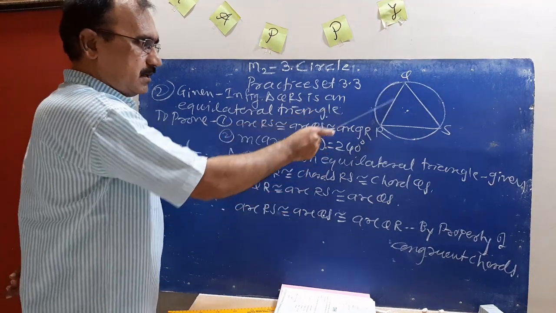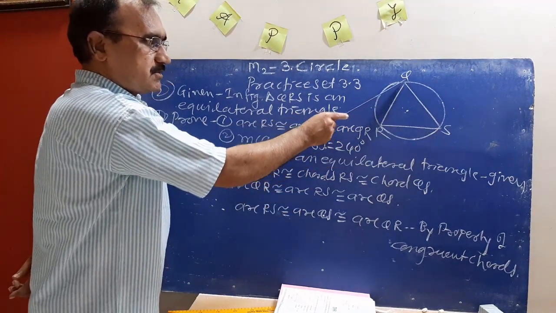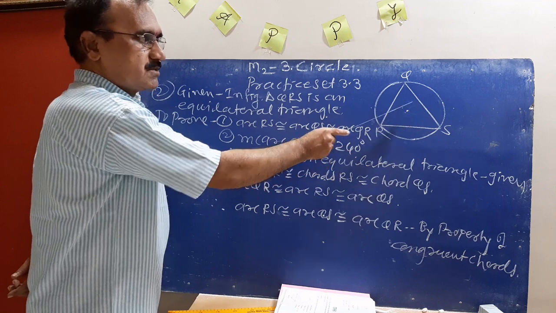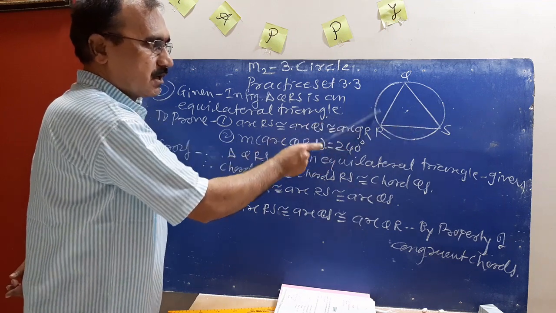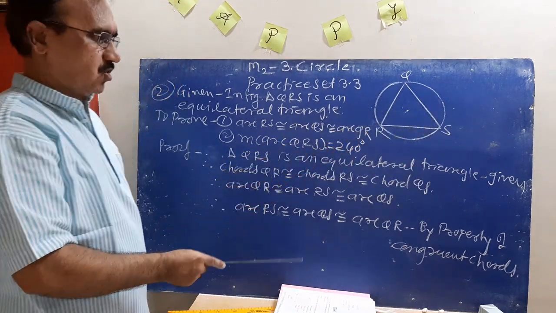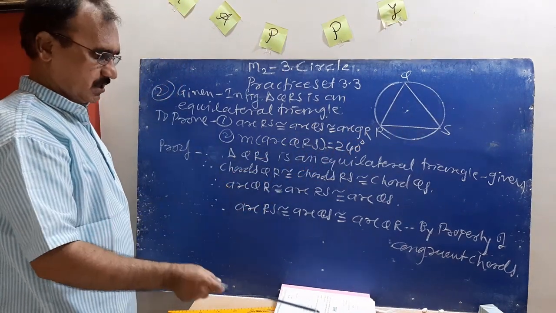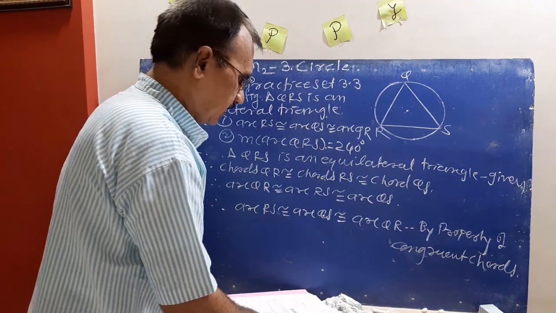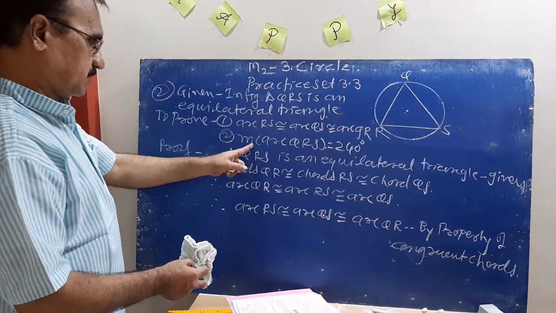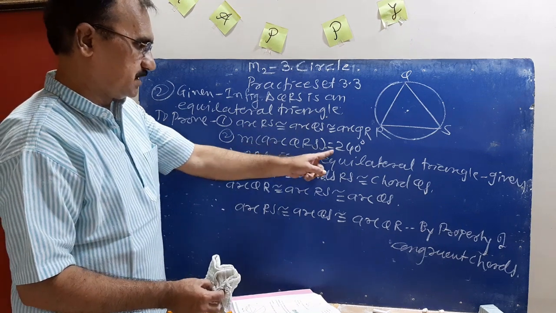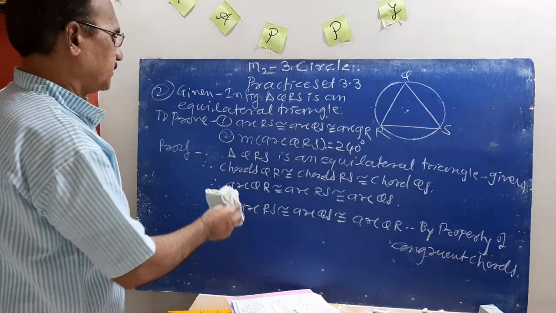Here this triangle is an equilateral triangle, meaning three sides are congruent, meaning three chords are congruent. If three chords are congruent, the corresponding arcs are also congruent. This is what we have to prove here. Very simple examples are here. Now the second one we have to prove: measure arc QRS is equal to 240.